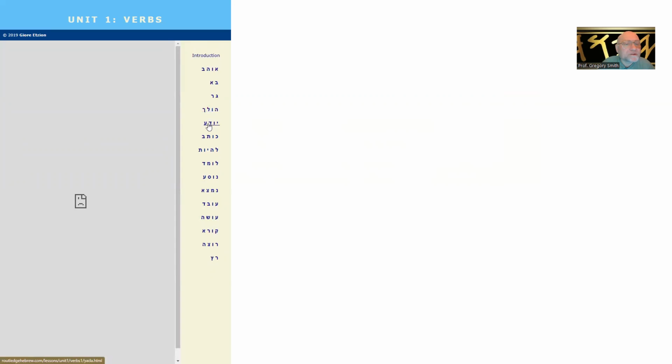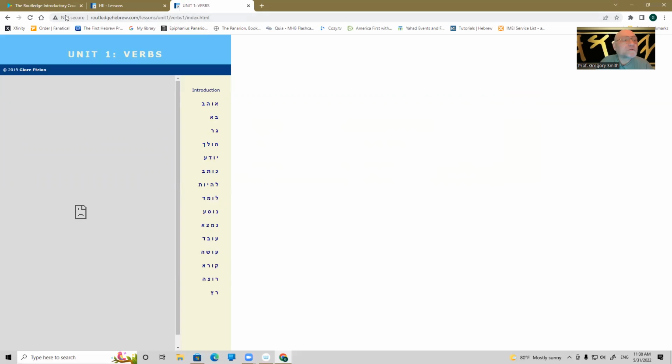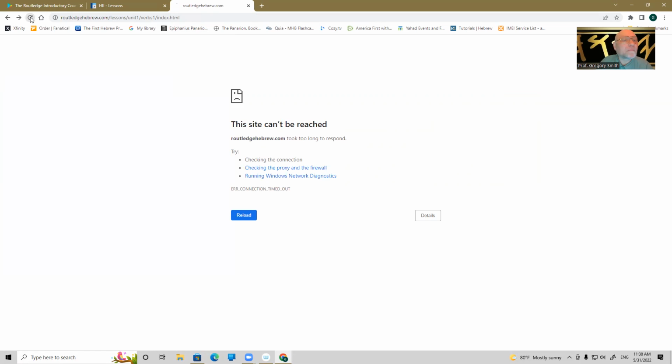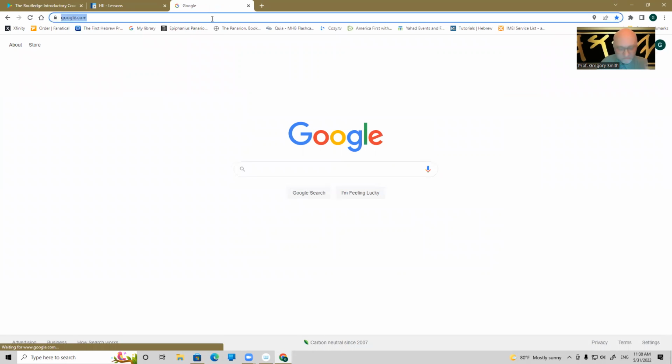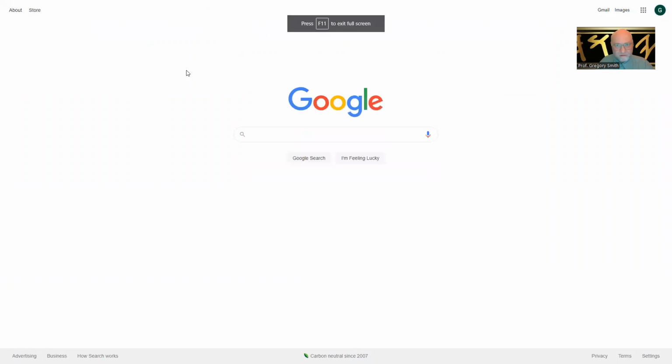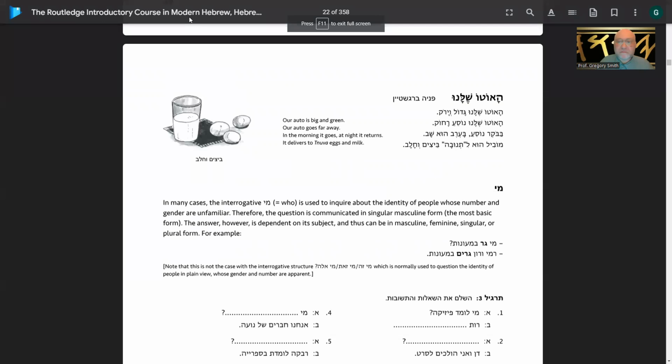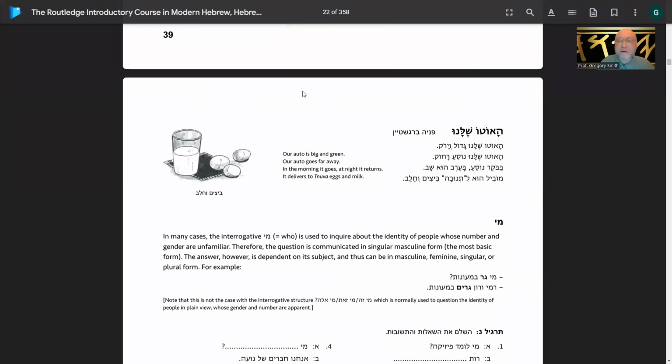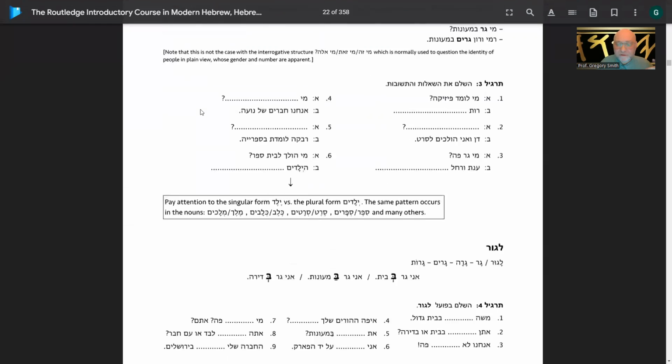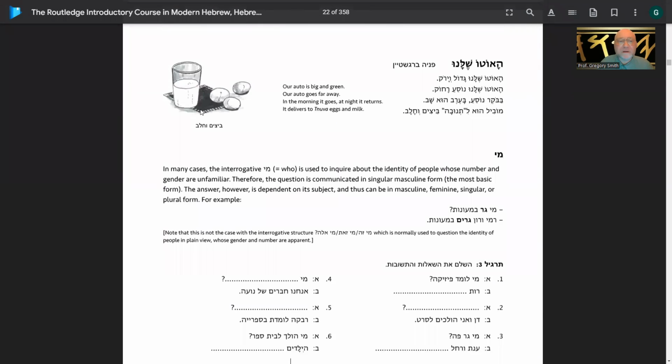Somehow our internet connection is not quite giving us what we need. Let's try this again. See if it'll come up for us. Okay, well, maybe that's just a sign that it's time to call it quits for today. So we'll try this part here next time, which is page 40, Almighty willing.